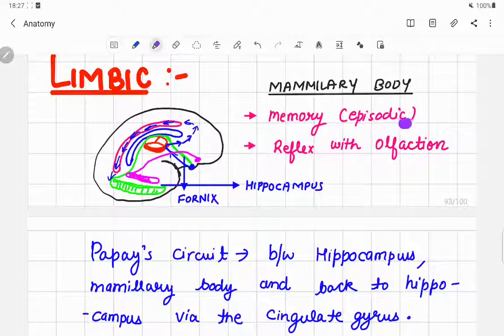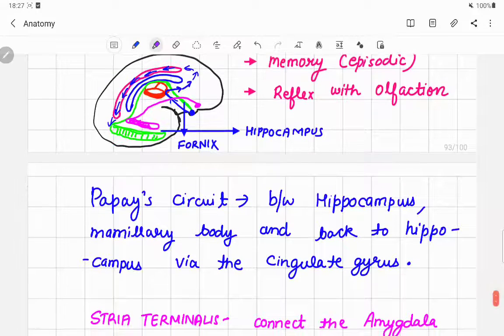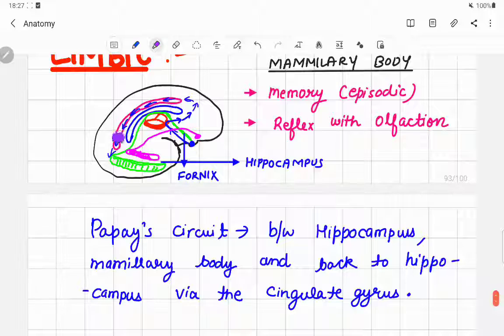The mammillary body is responsible for episodic memory and reflexes with olfaction. This is the connection, the Papez circuit, which is present between the hippocampus and the mammillary body and back to the hippocampus via the cingulate gyrus. This structure, shown in pink here, is the cingulate gyrus.